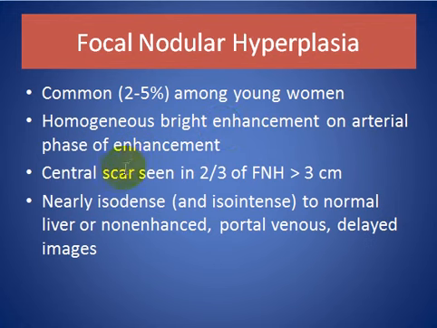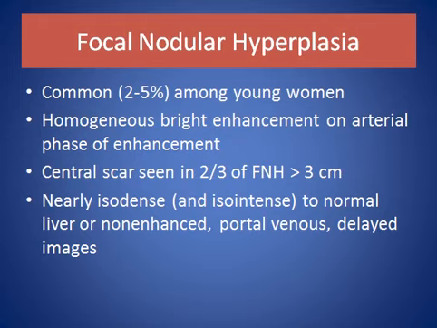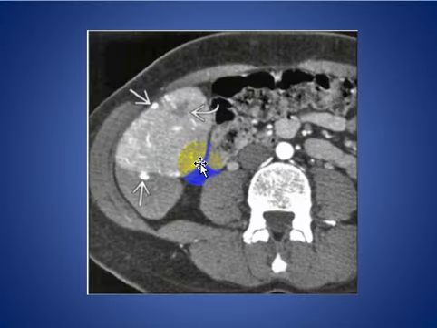A central scar is seen in about 2/3 of the focal nodular hyperplasia more than 3 centimeter, nearly isodense or isointense to the normal liver on non-contrast enhanced CT or MRI, and it is also hypodense on portal and delayed images.